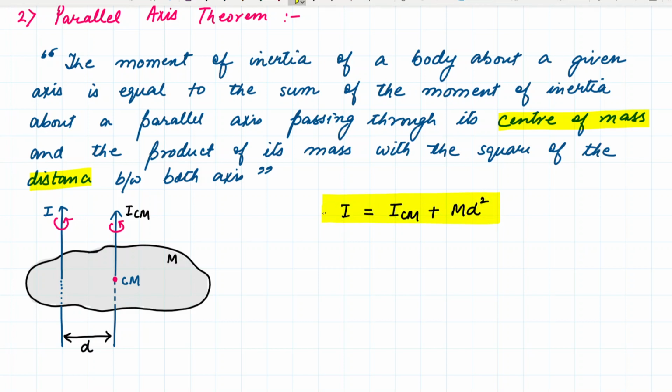So if you know the moment of inertia of any three-dimensional rigid body about an axis passing through its center of mass, then you can calculate the moment of inertia of another axis parallel to the initial axis but passing through a different point, and it is given by I is equal to ICM plus MD square.